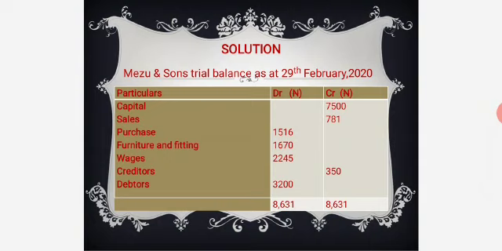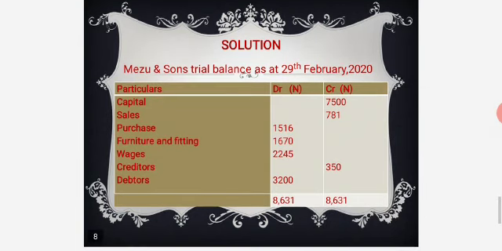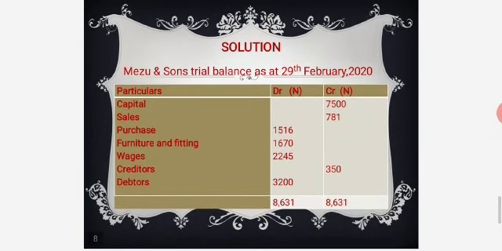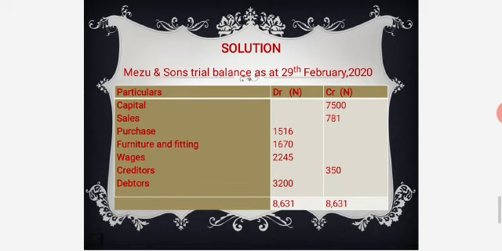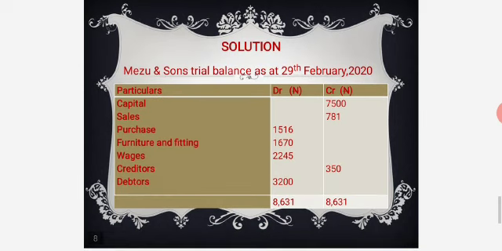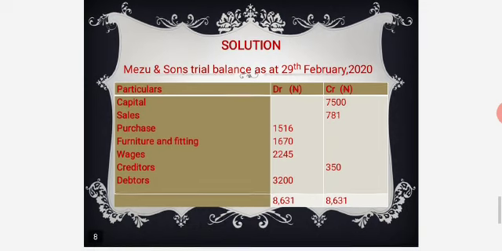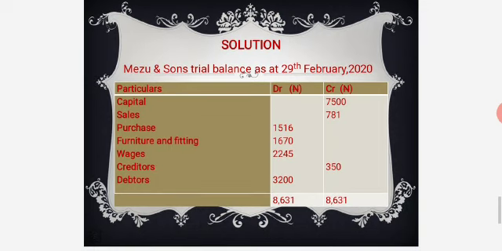Purchases 1,516 naira, debited. Furniture and fitting, which is an asset, 1,670 debited. Wages, an expense, 2,245 naira, debited. Creditors 350 naira, credited, while debtors 3,200 naira, debited.